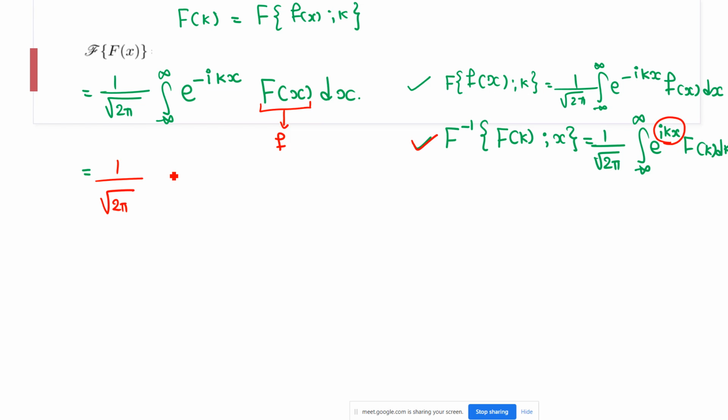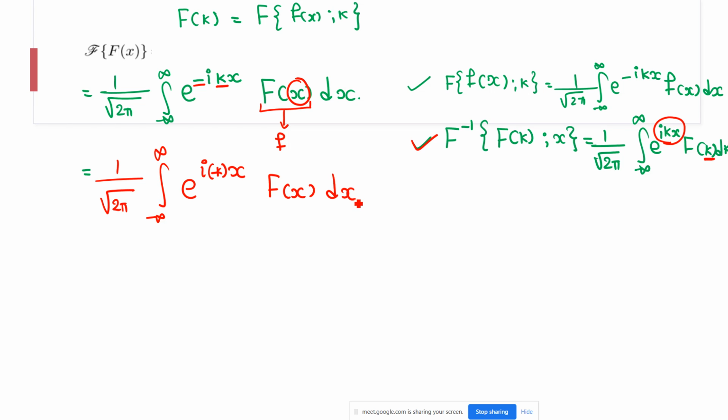Integrating from minus infinity to infinity e raised to, first of all observe that in this formula I have k that is replaced by x. So it is ix as it is. This k with minus I'll write in the bracket. So minus k. It is capital F of x dx.